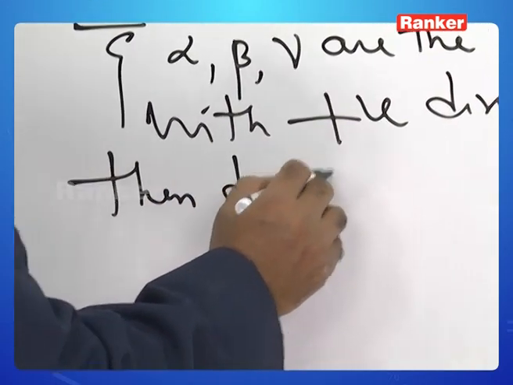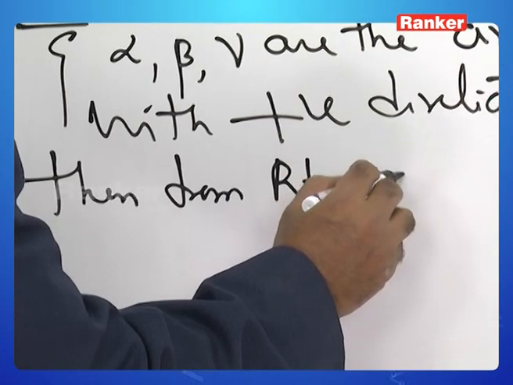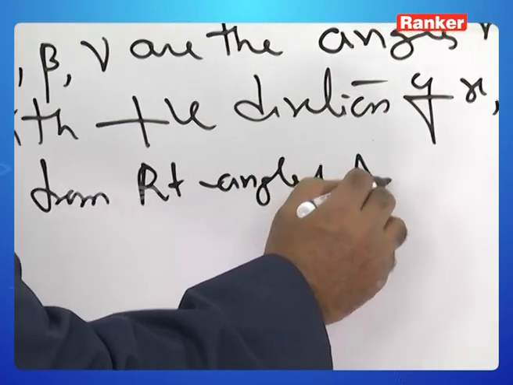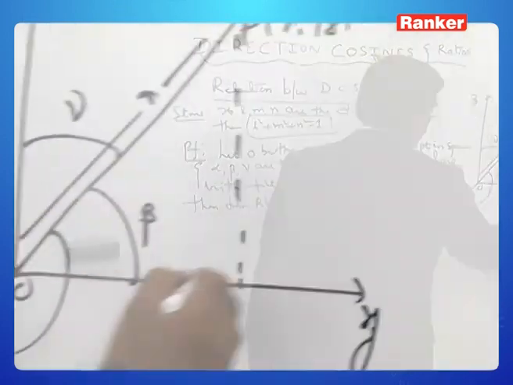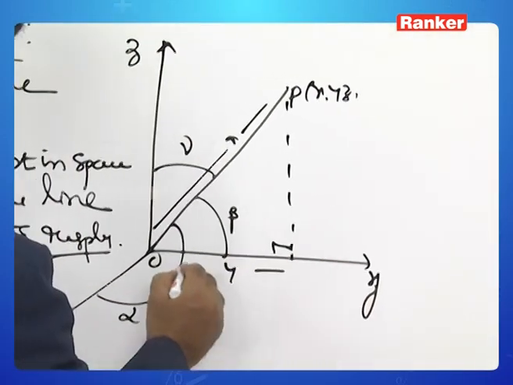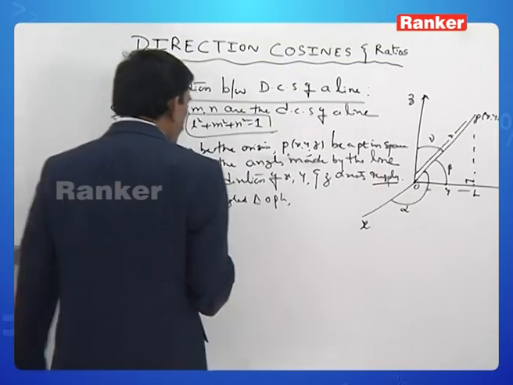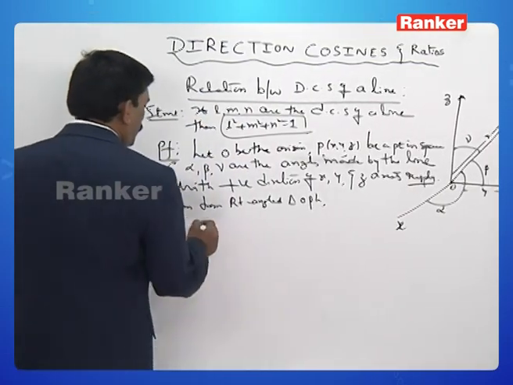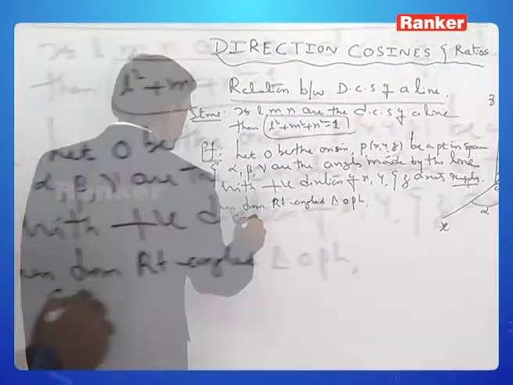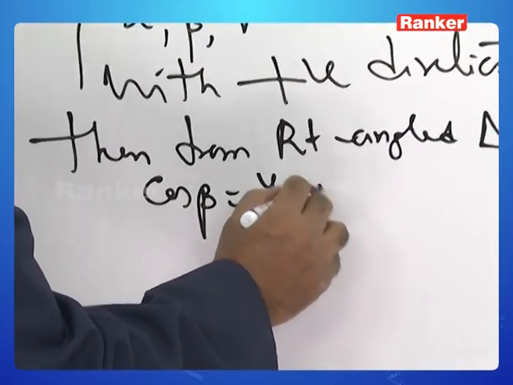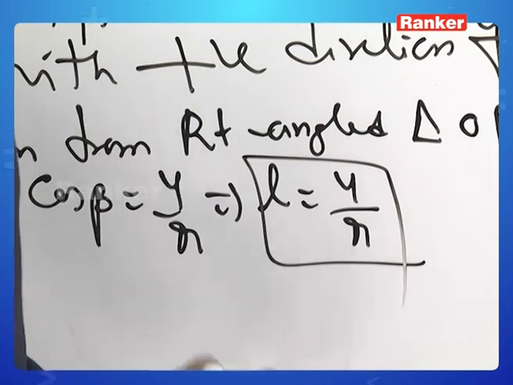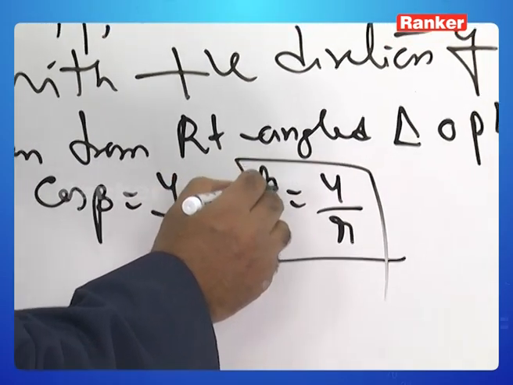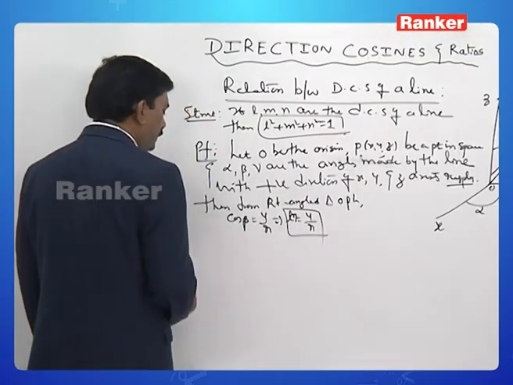from a right angled triangle OPL, you can go for it. This is y. From right angle triangle OPL, cos beta is equal to y by r, that is, m is equal to y by r.